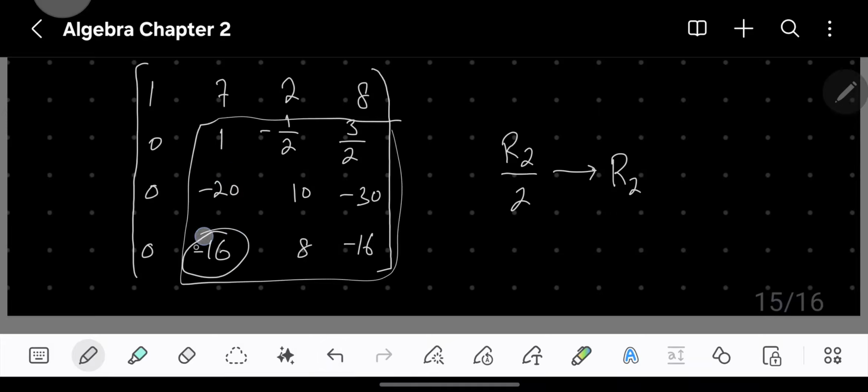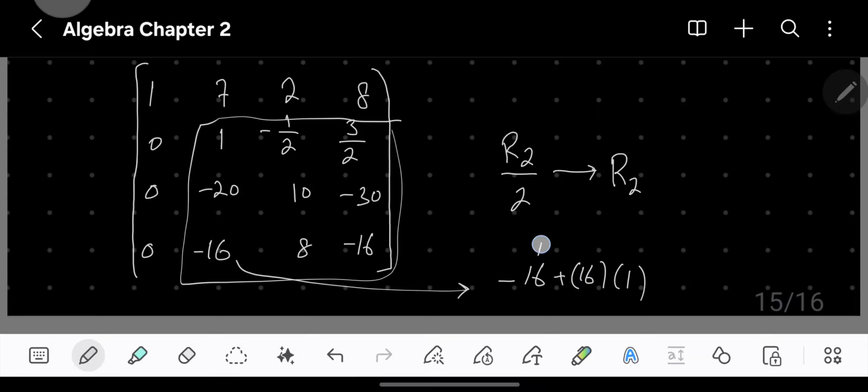Now we have to make this 0. How can we make this 0? I will write minus 16 plus some number times 1, and this number is of course 16. This minus 16 refers to R4, this 16 is the constant, and this one refers to the pivot.